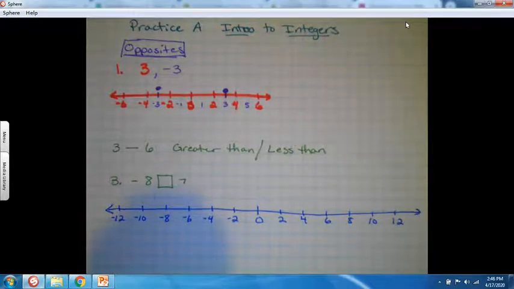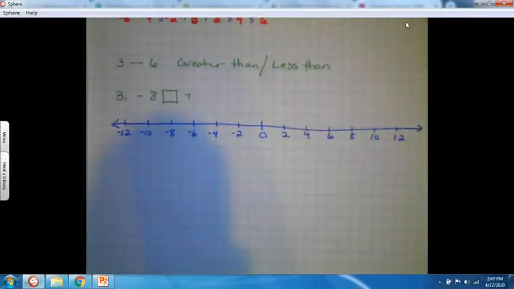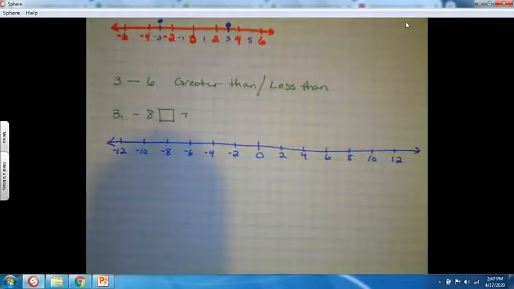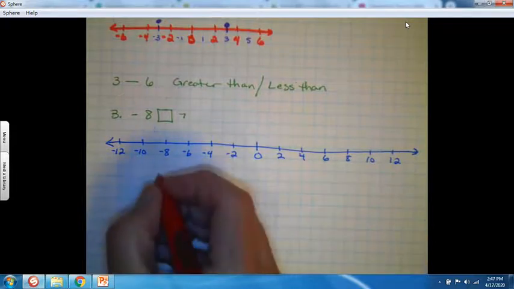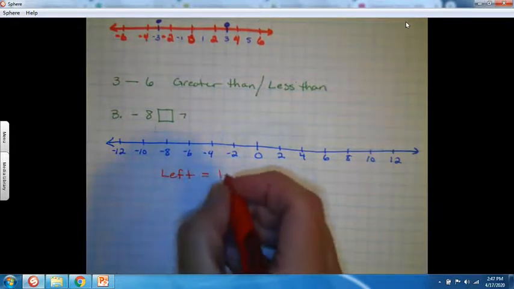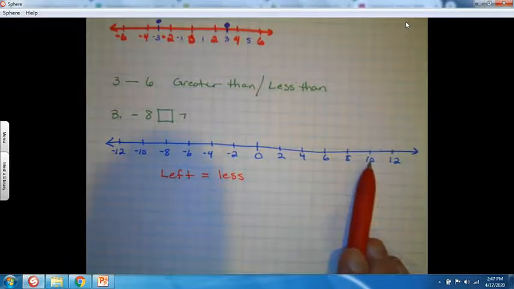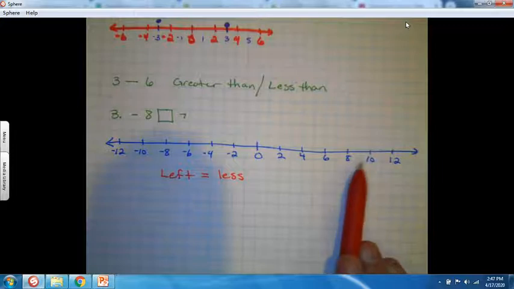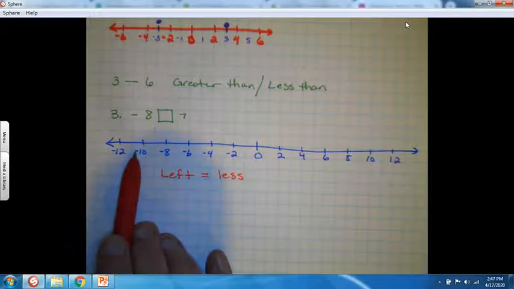The further left you go, the smaller the number. So the further left that you go, left equals less. What number is less than 10? Well, 9, 8, 7, 6, 5, 4, all of these are less than 10.